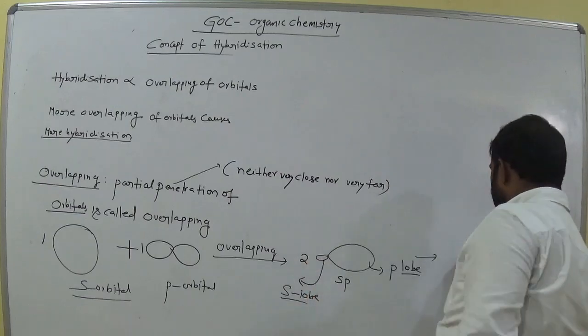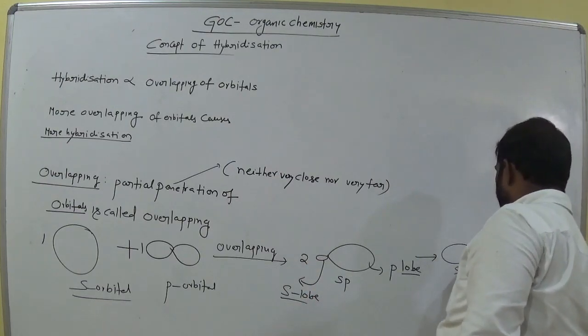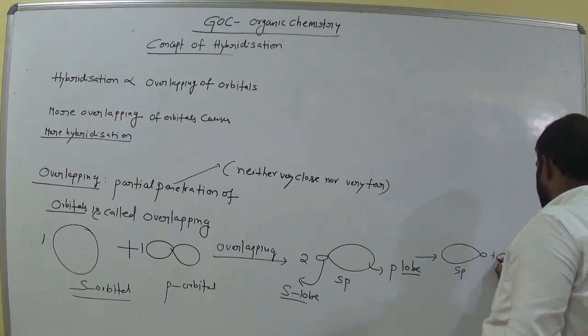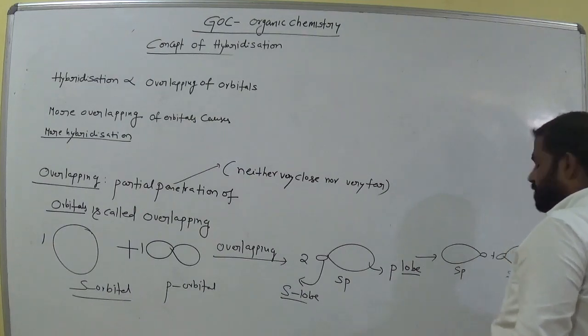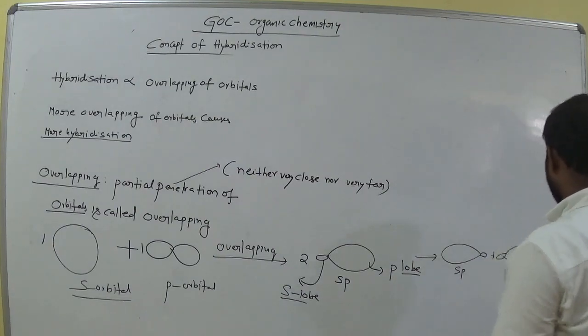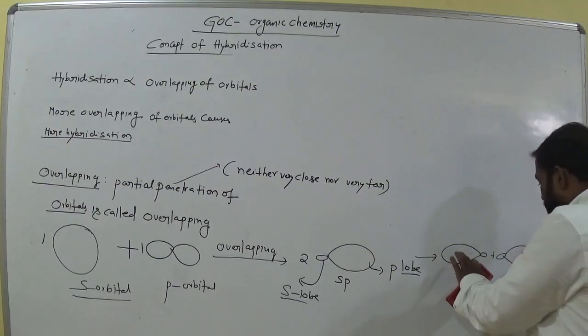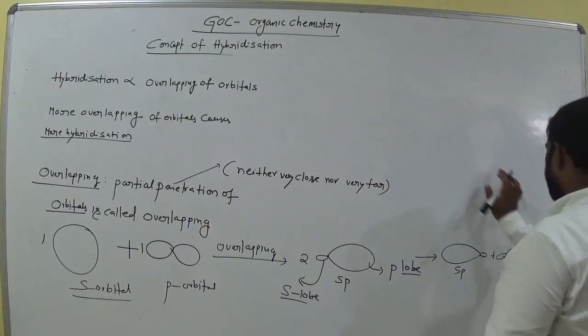This one is one sp, and one more is another sp. When these two come close together, what happened? They undergo overlapping. That means I can write here.